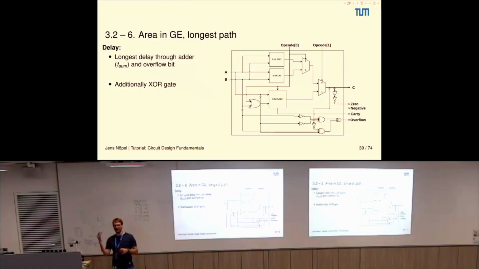Both vendors would provide you with an AND gate and an OR gate, but the AND gate of vendor 1 looks different to the AND gate of vendor 2 and has different properties. For example, it has different area and different delay.